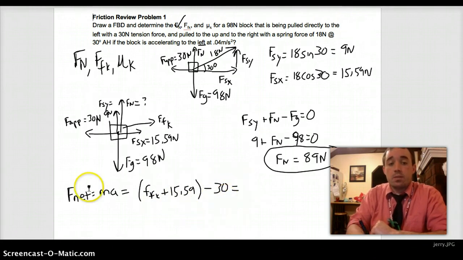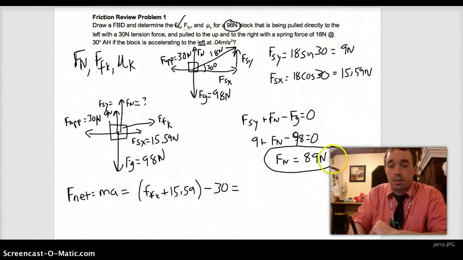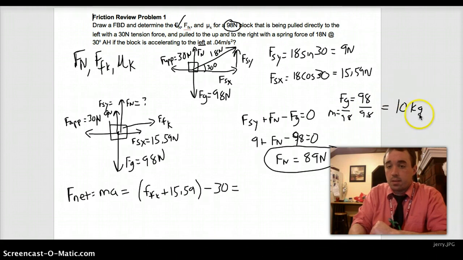And that equals my mass times my acceleration. Well, my mass, I don't really know. I can figure it out, though, because I know that my weight is 98. Mass is weight over 9.8. 98 over 9.8 gives me 10 kilograms.